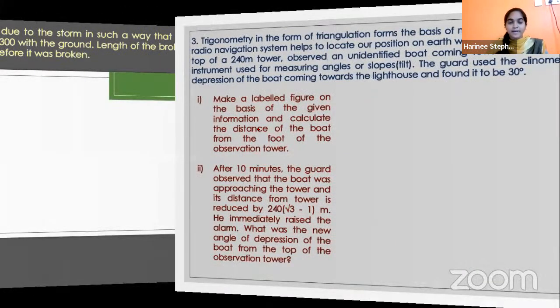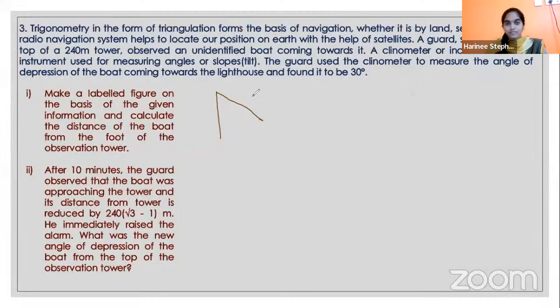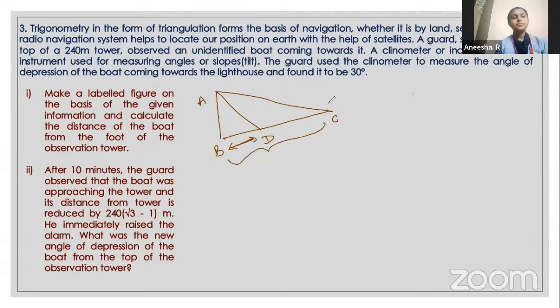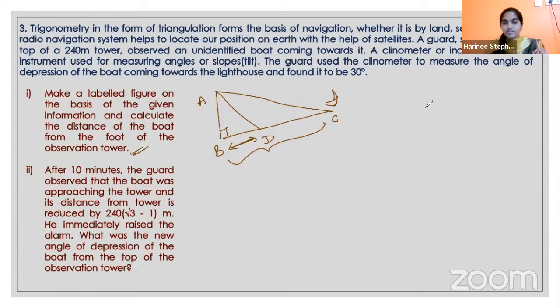Okay, I'll redraw the diagram. This is what you're asking, right? Yes, ma'am. So the distance of boat from the tower was what we found earlier in the first question, through which we got BC value as 240 root 3, right? Yes, ma'am.